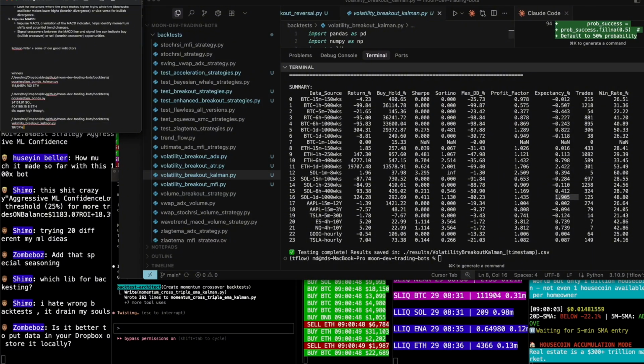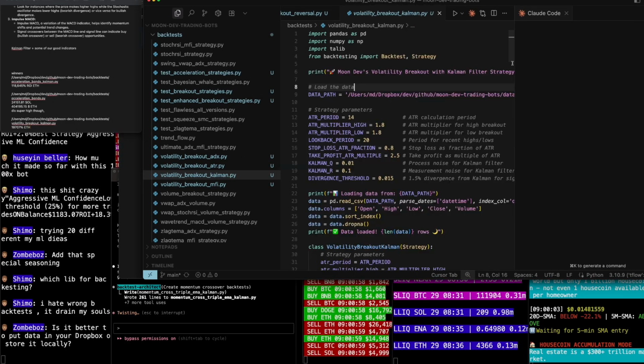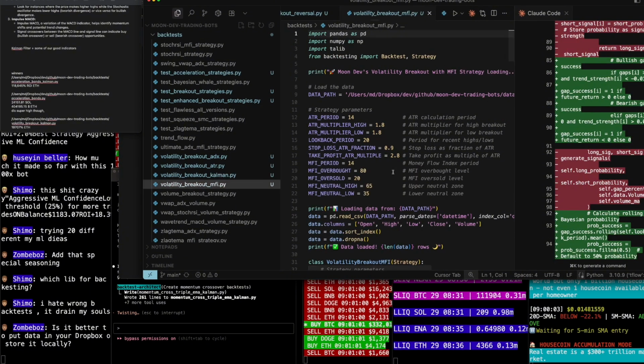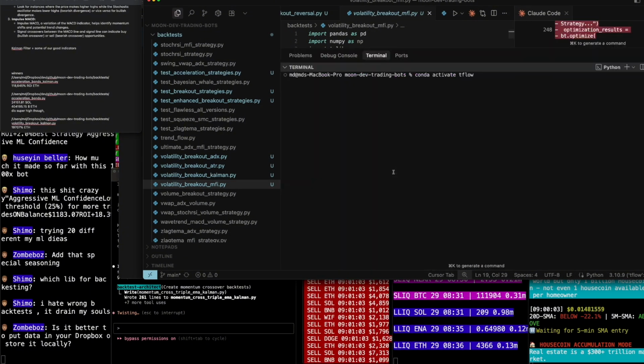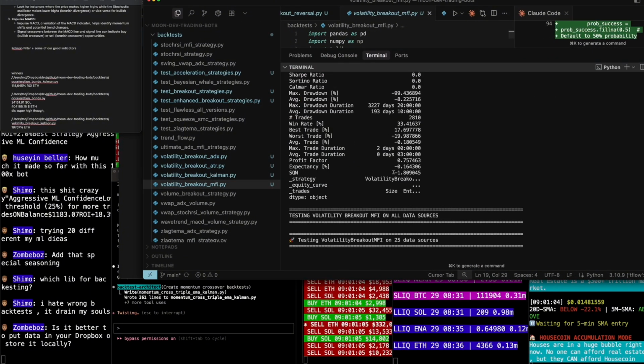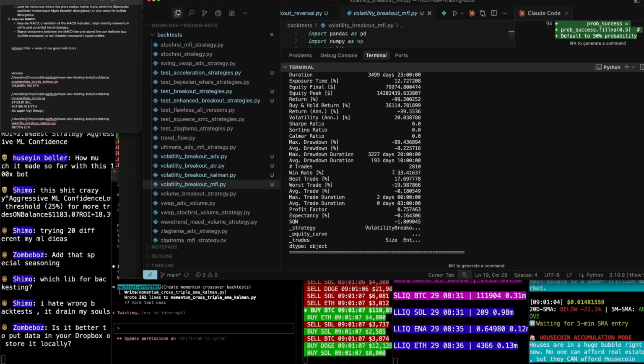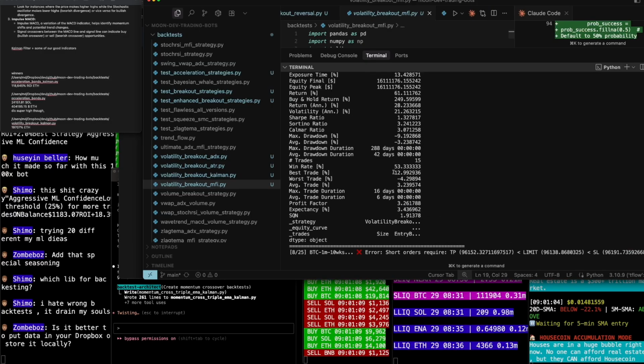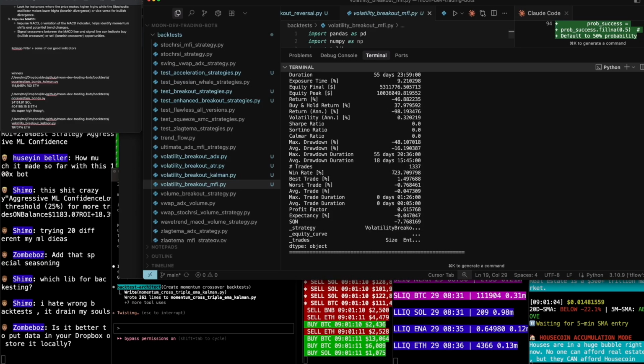$197.07 on ETH. Okay, let's go ahead and keep it pushing, see if there's some other good ideas here. $3.4 expectancy, nice. 1.6 expectancy, nice.